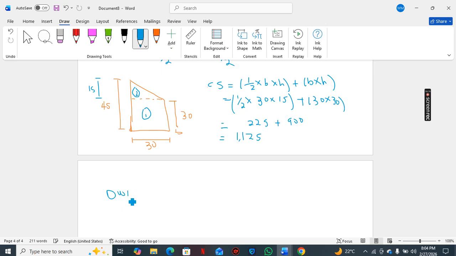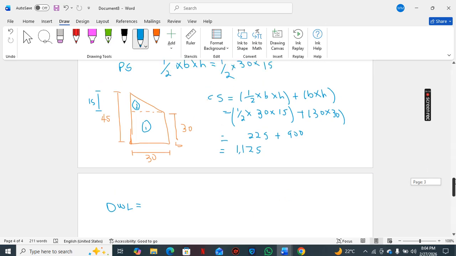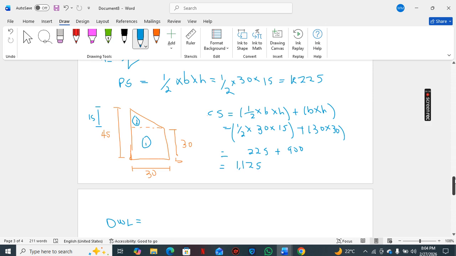What could have been produced by this loss? Sir. Maybe we can go straight, instead of finding each triangle and the rectangle.